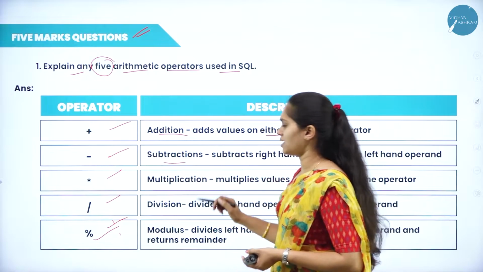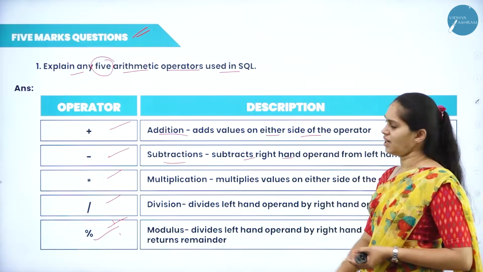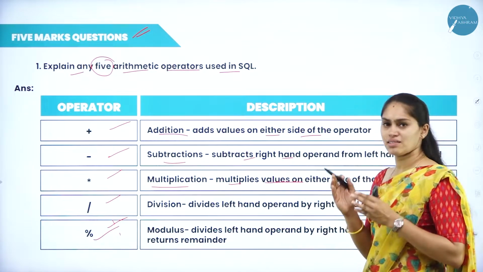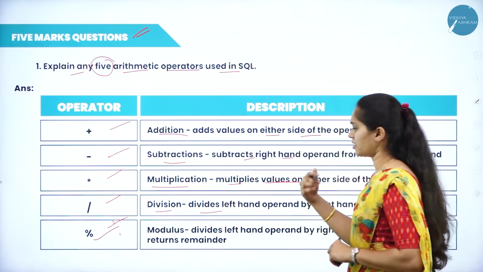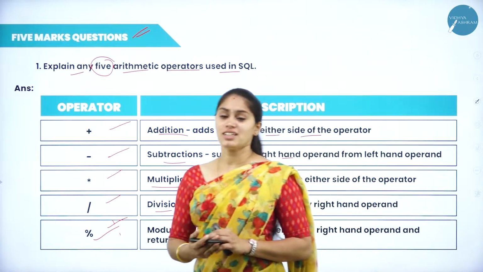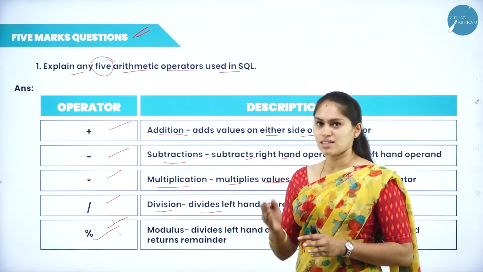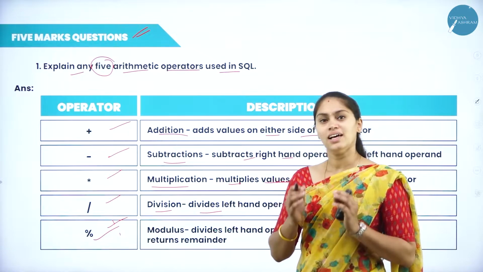Then minus is subtraction, it is going to subtract the right hand operand from the left hand. Next we have multiplication. It multiplies the values on either side of an operator. Next, divide or division, it returns the quotient value. There is a difference between slash and modulus. Divide is going to give you the quotient, modulus is going to give you the remainder.